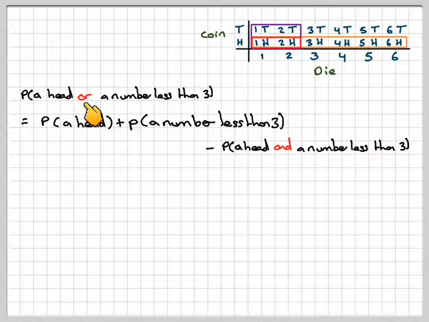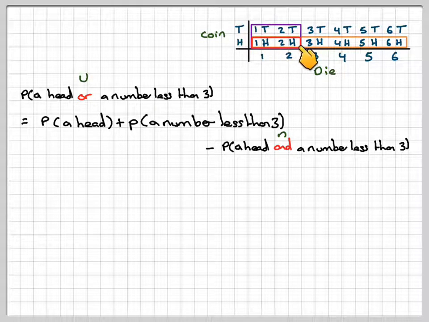So we've got the terms or and and. For set notation we use union for or, and for set notation for and we use intersection. Okay, so let's just make it clear in our head. It will be the probability of all those that are a head, which is all those, plus a number less than 3, which is all those.